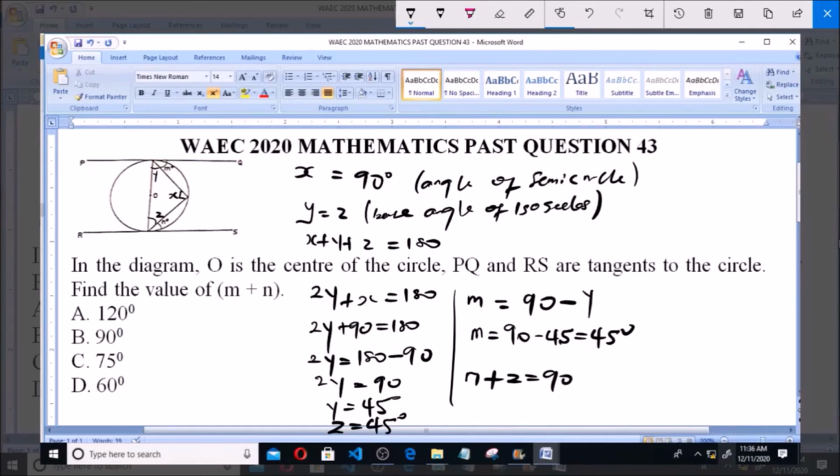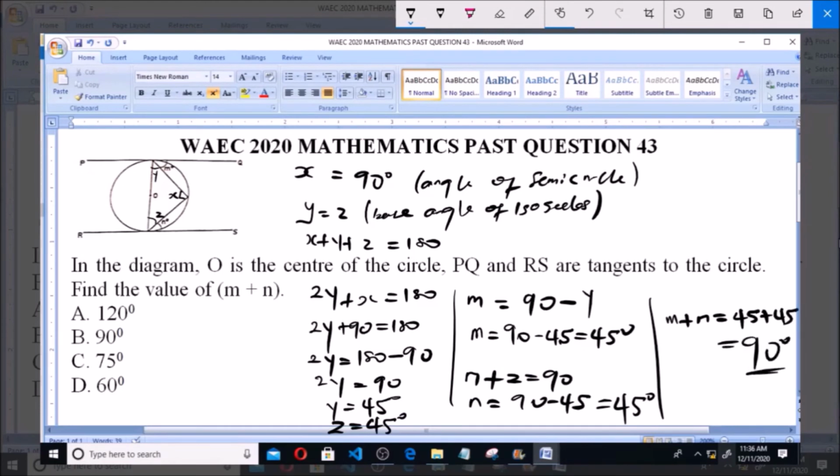Therefore N is equal to 90 minus 45, and that is also 45 degrees. So M plus N is equal to 45 plus 45, and that is equal to 90 degrees. Option B is the right answer.